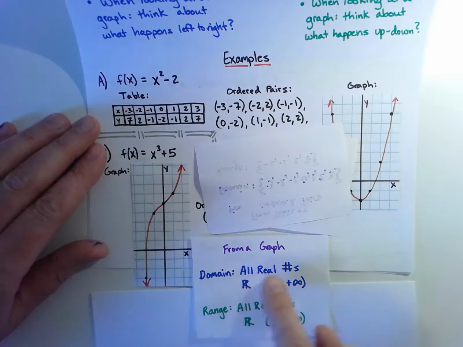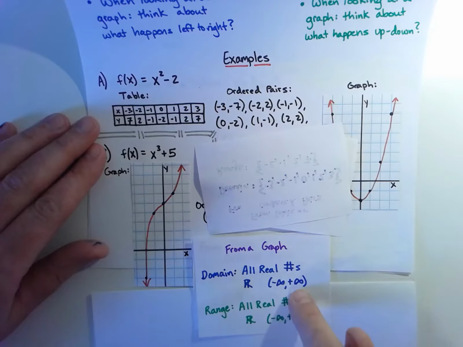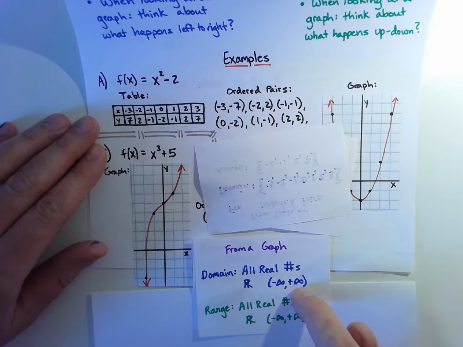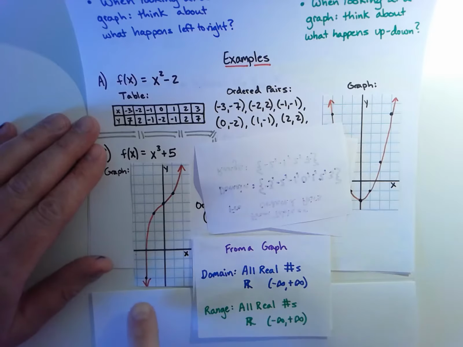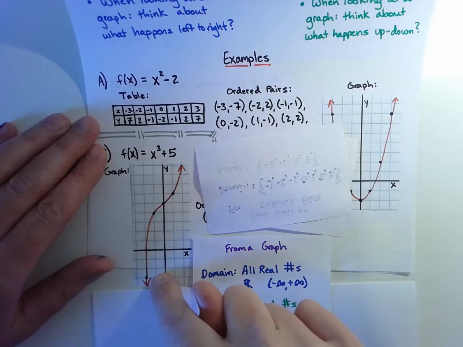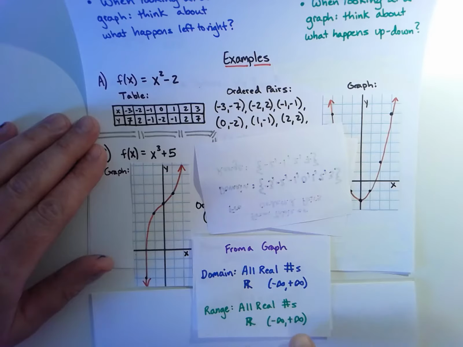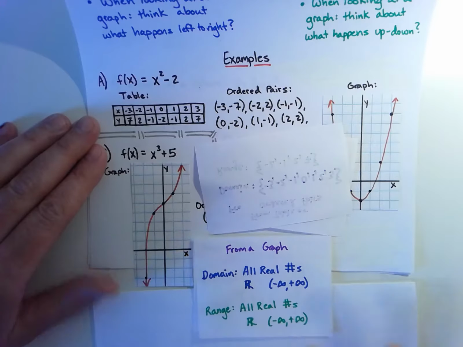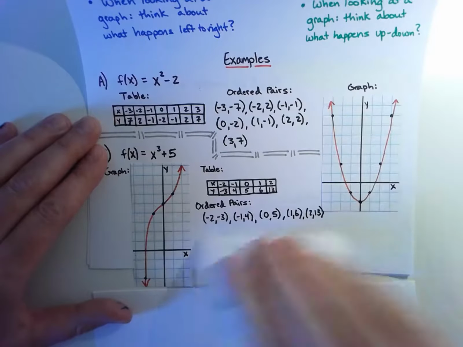So we say that's all real numbers, or we can write it with interval notation as negative infinity to positive infinity. And the range is actually doing the same thing. It's going to go up forever and down forever. So we state the range would also be all real numbers, or interval notation would be negative infinity to positive infinity.